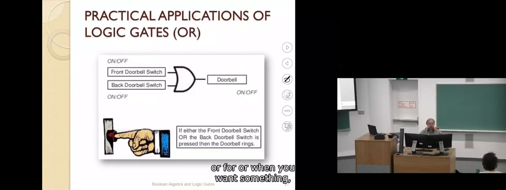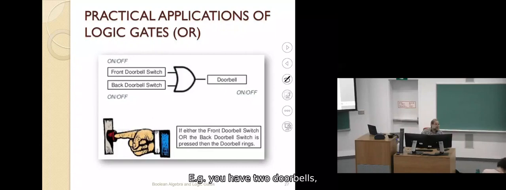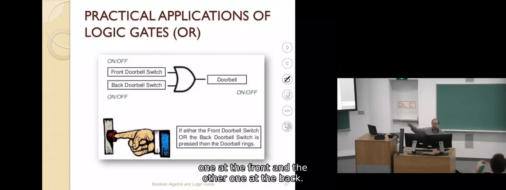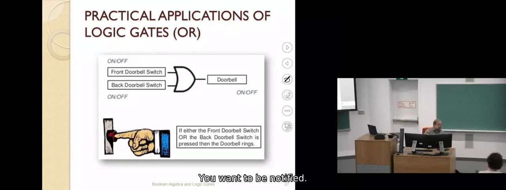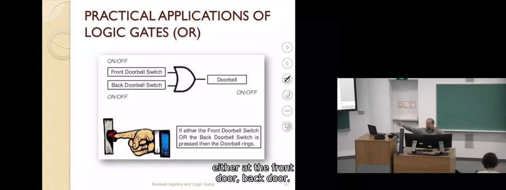For OR, when you want something to work if either this one or that one happens. For example, you have two doorbells, one at the front and the other at the back. If either one is pressed, you want to be notified that somebody is at the door, either the front door or the back door.